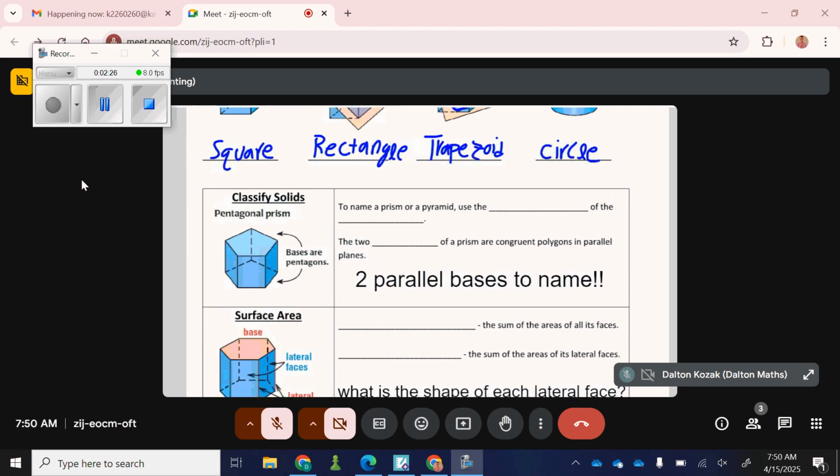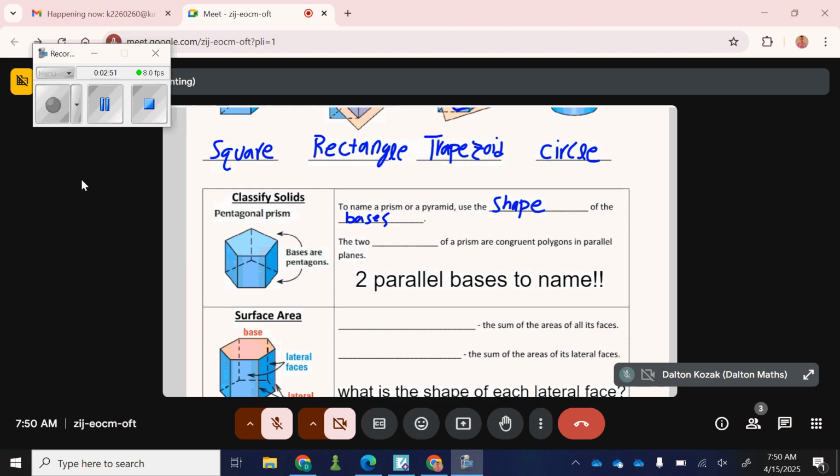Okay, so classifying 3D shapes or solids. So to name a prism or pyramid, you use the shape of the bases. So there's always two bases on a solid or 3D shape.